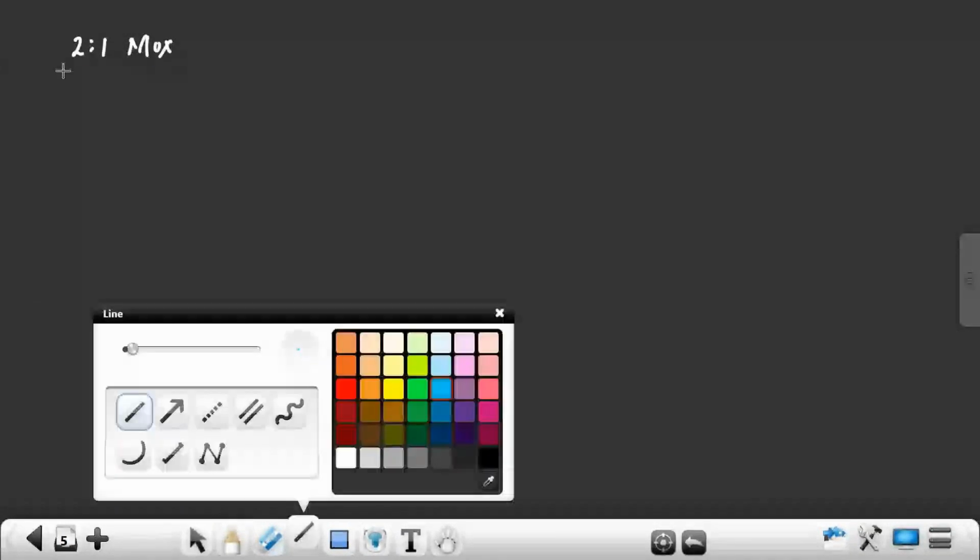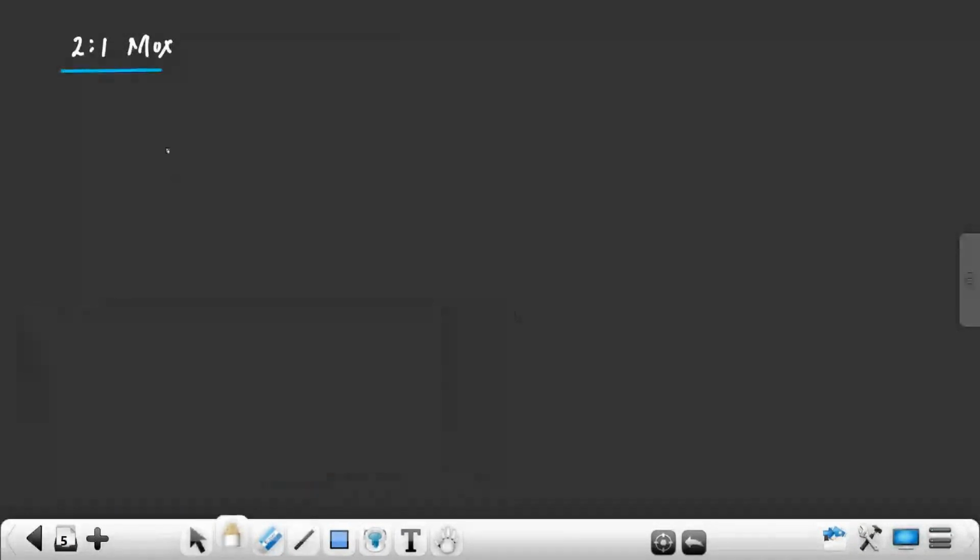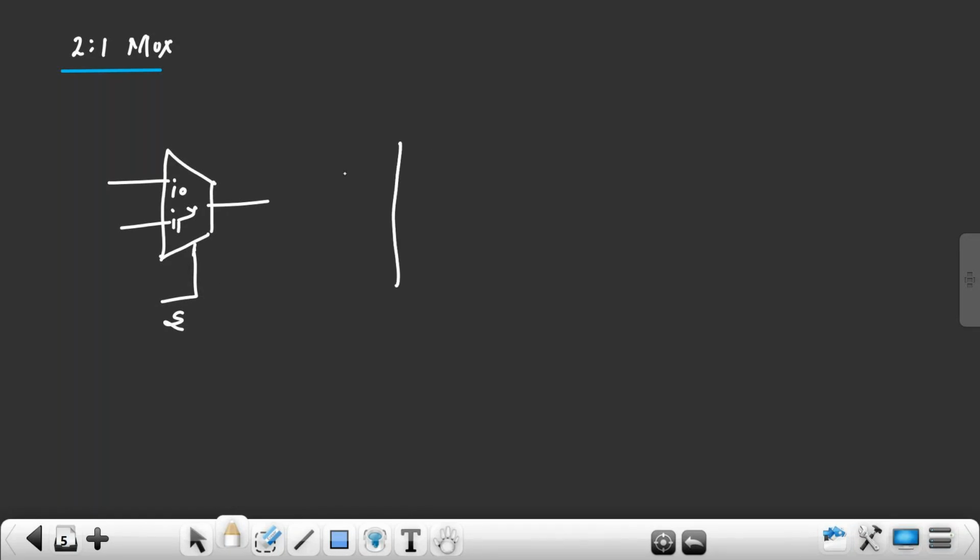So if I tell you to take this mux, which has I0, I1 and a select line, with output Y, and ask what the truth table is, can you write it, yes or no?